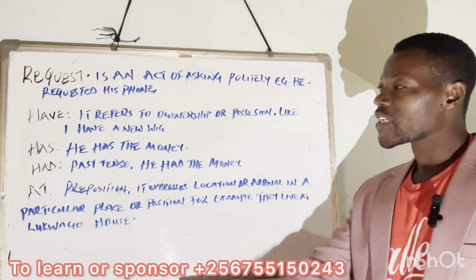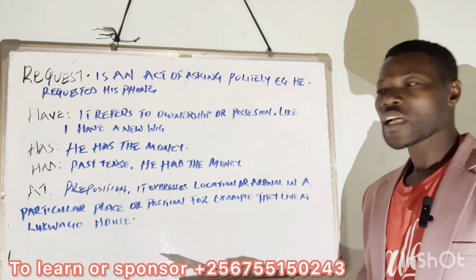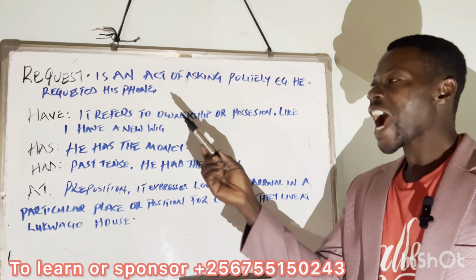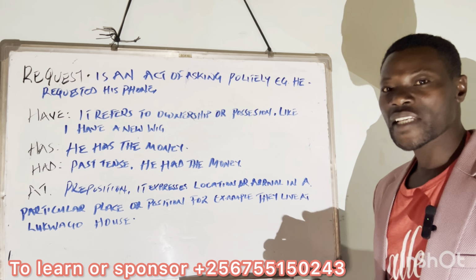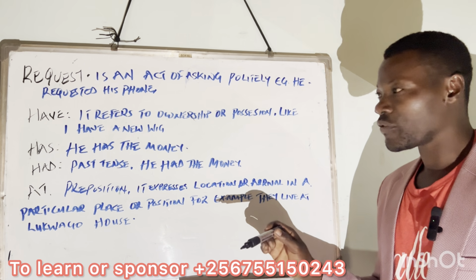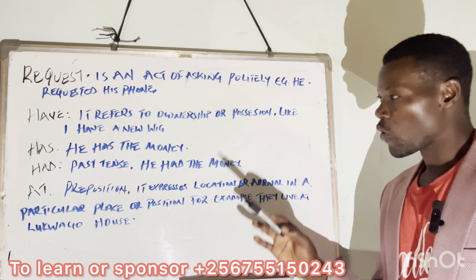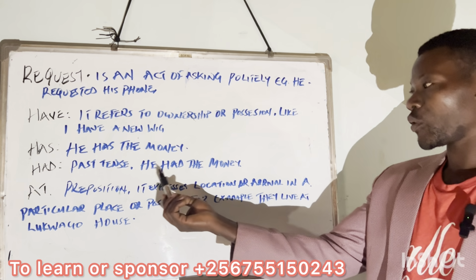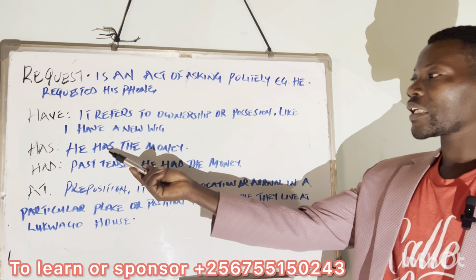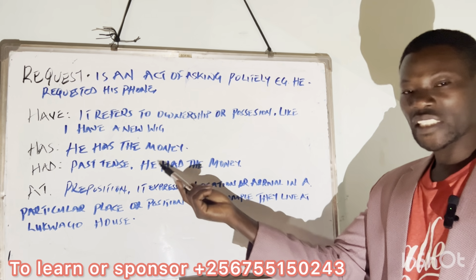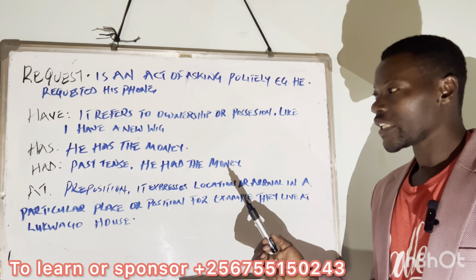Then we go to had. Had ekozesebwa to replace has or have. Had is used to replace has or have as the past participle or past tense. For example, he had the money. So let's say he has the money. We say he had the money. He had the money.